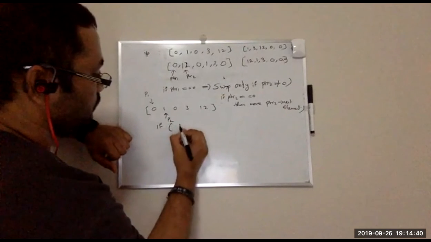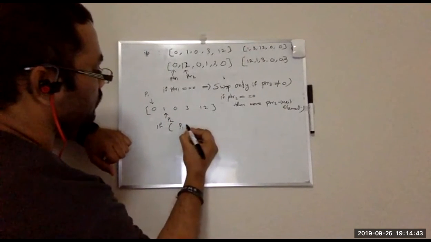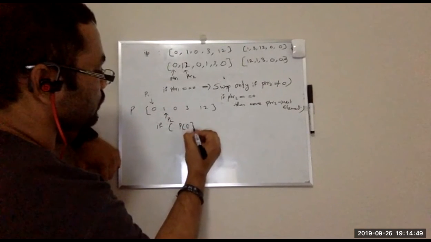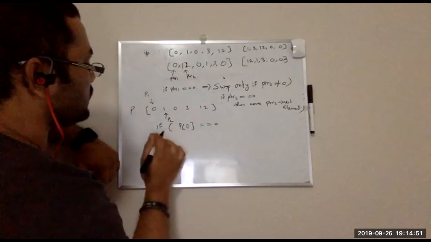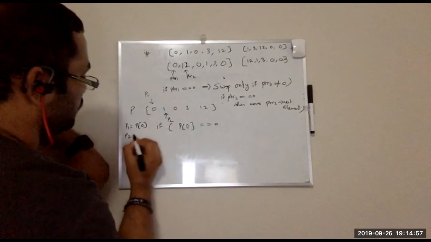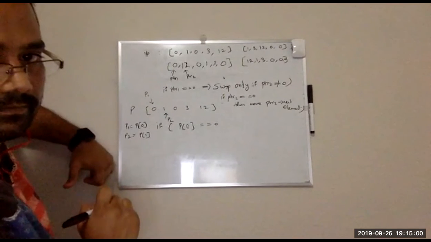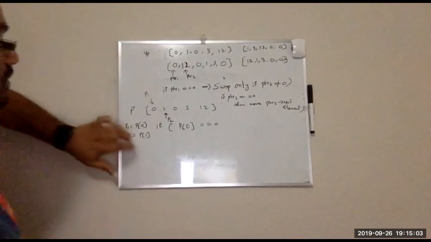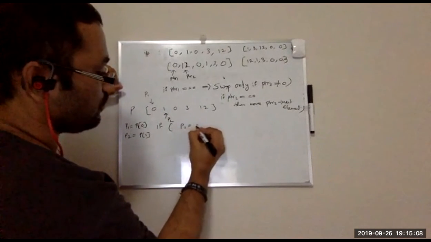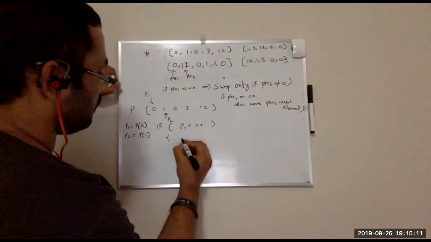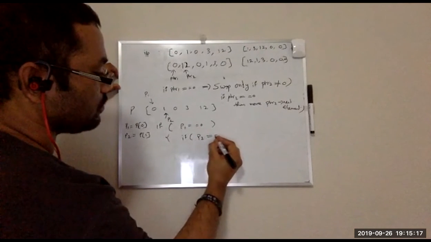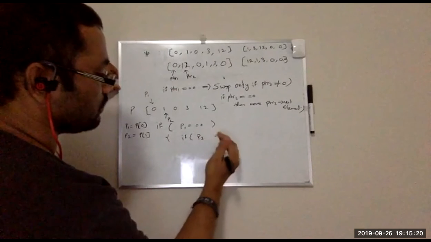Okay, so say this is an array P. P of 0 is equal to 0. So we'll set P1 to P of 0 and P2 to P of 1. I'm looking at the values. So if P1 is equal to 0, then I'm checking if P2 is not equal to 0.